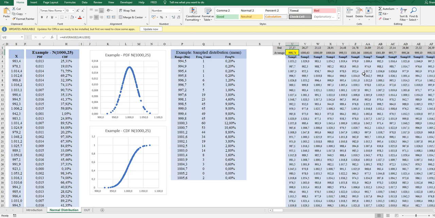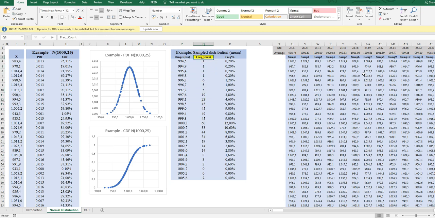Now I want to see if the distribution of all these samples are indeed normally distributed, or in this case approximated, because these are discrete observations. So I have to build some ranges on the x-axis to put in all the counts, all the number of averages that are within this group, between these two numbers, and so on.